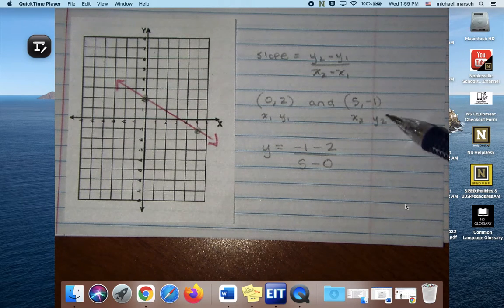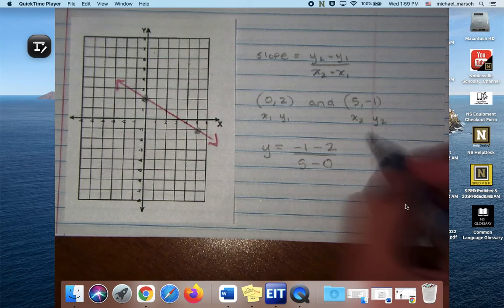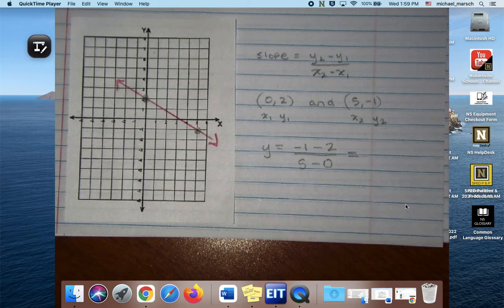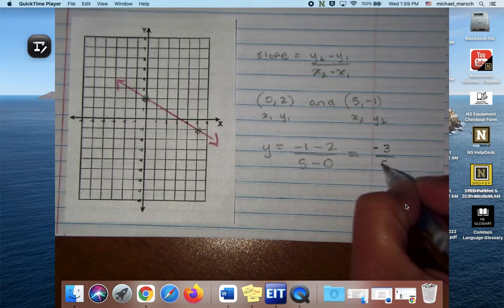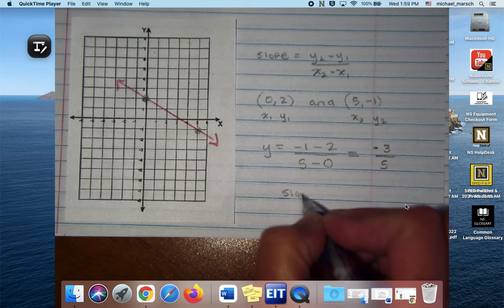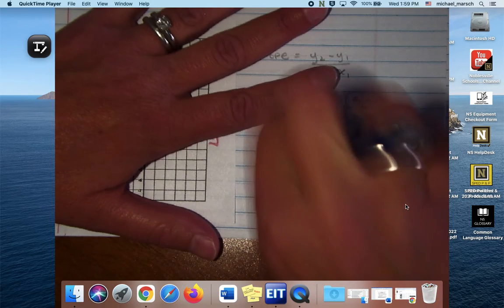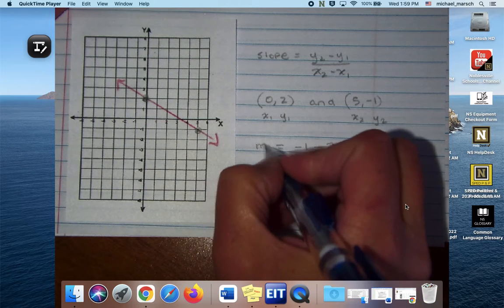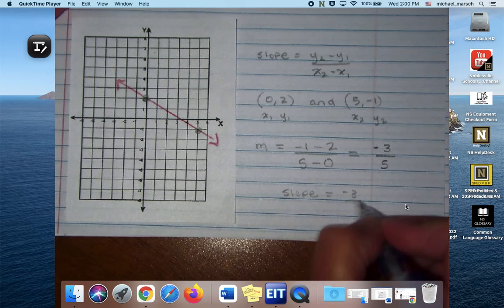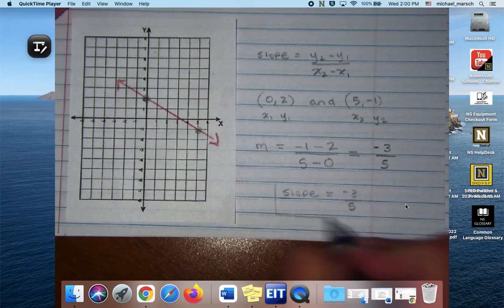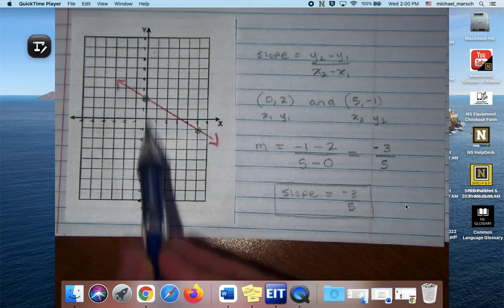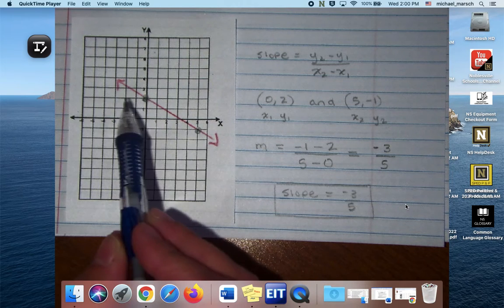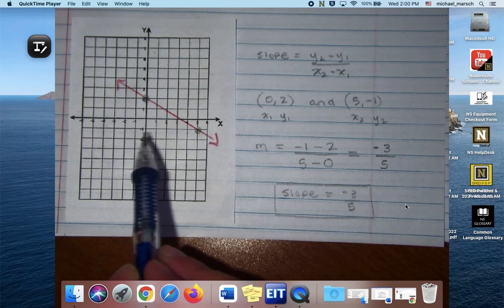I put the value for y2 where the y2 is. Everybody seeing what I'm doing here? So then when I subtract them, what's negative 1 minus 2? What's 5 minus 0? 5. So my slope, this shouldn't say y here, this should say m, is negative 3/5. If I had just counted, it would have been down 3 over 5. That would have been the fall, negative 3 over 5.